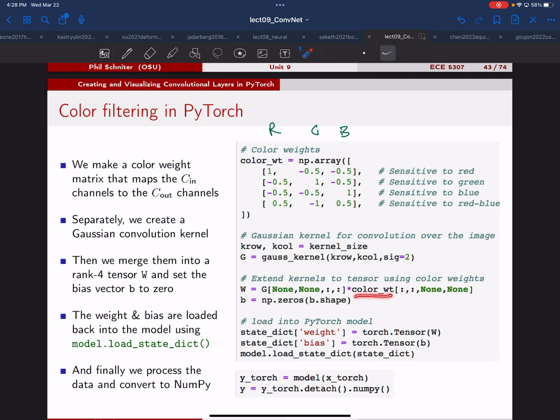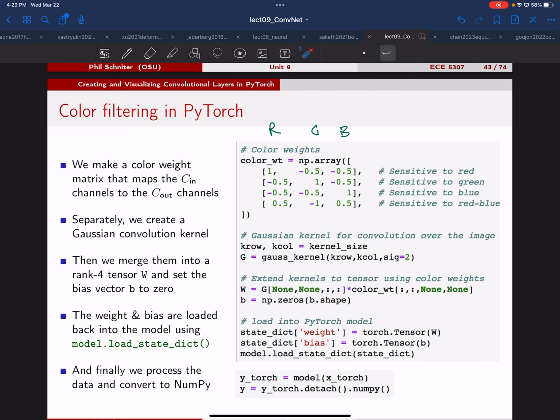And the color weight, this is the matrix here, we expand this to a 4-way tensor with none, none, and then we just do a pointwise multiply. So this is going to essentially create this 4-way tensor that's going to have this going on in the color domain and this going on in the spatial domain. Okay, so it's an elegant little way of doing that. Any questions on that?